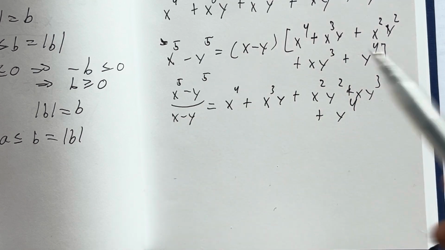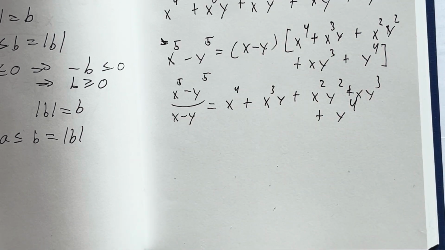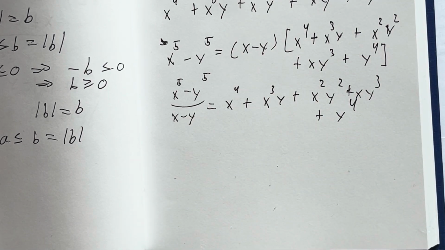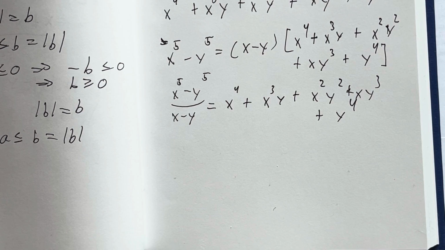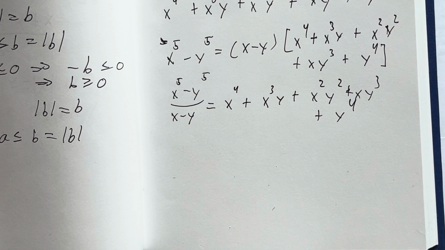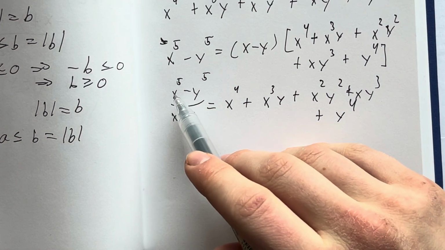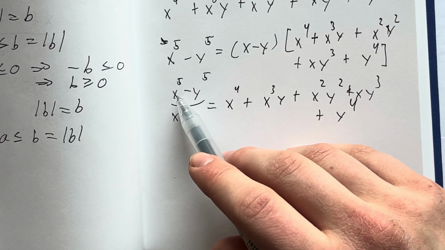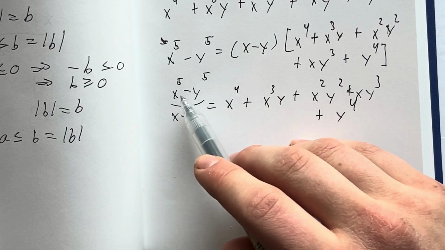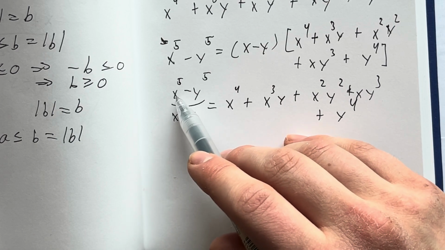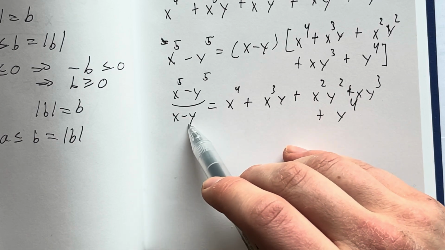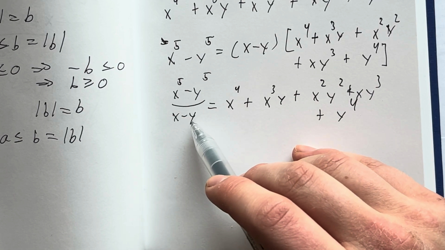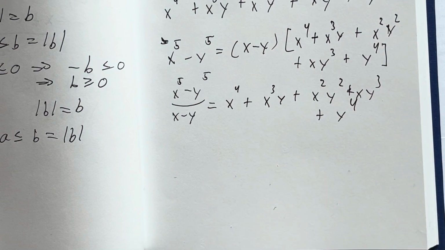And well, 5 is an odd number, and an odd number maintains the sign of the initial number, meaning that if x is greater than y, then the numerator is positive and the denominator is positive, so the whole expression is positive.